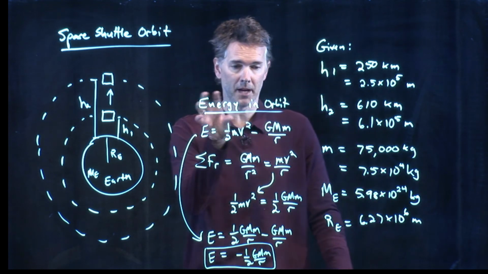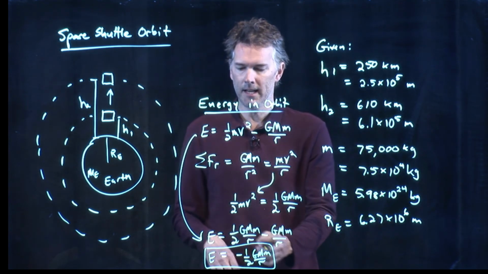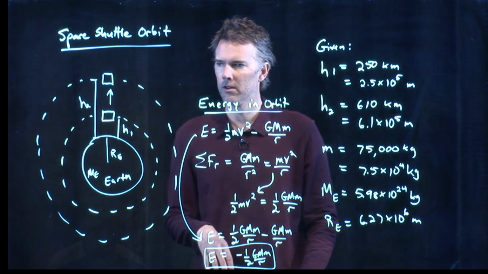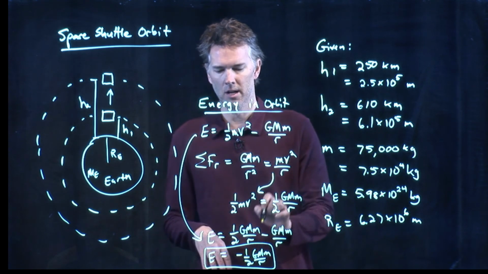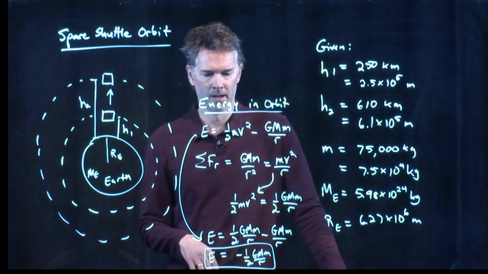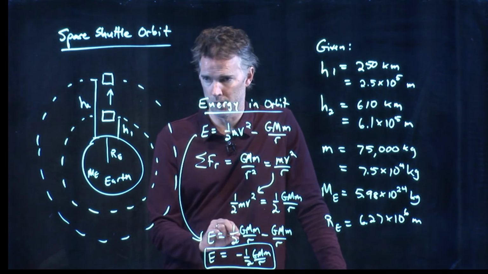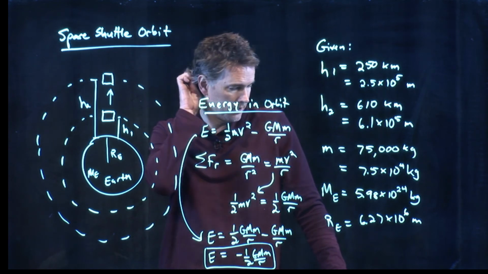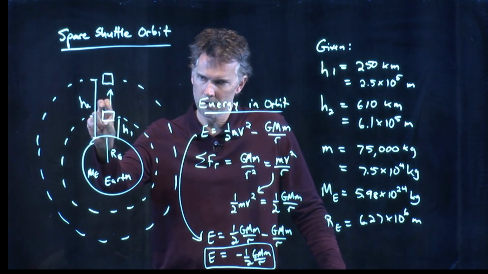We started from kinetic plus potential, but we were able to write it all in terms of the gravitational constant, mass of the Earth, mass of the shuttle, distance from the center of the Earth. Okay, so this is the energy equation that Chase was just mentioning that we want to use. And now we can calculate what's the difference between these two. I'm going to have some energy here in orbit H1.